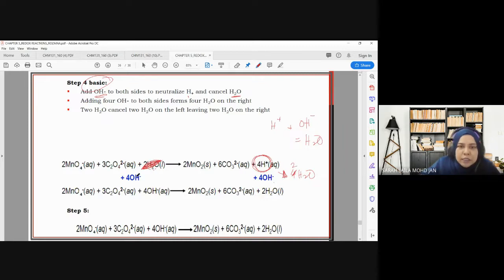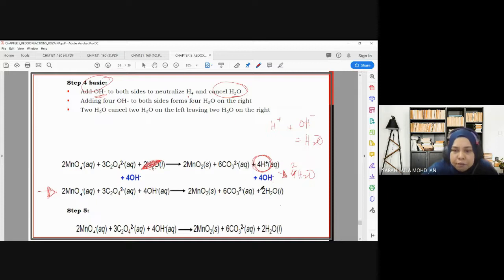So belah sini dah tak ada H2O. Okay. So nampak dekat step seterusnya ni. Jawapan yang seterusnya ni. So there are no longer H2O sebab you cancel the H2O. Kita tambah OH sebanyak mana H plus in order to cancel the H2O the other side. Okay, on the reactant. Okay, dalam kes ni lah. Okay, and then you dah dapat ini.